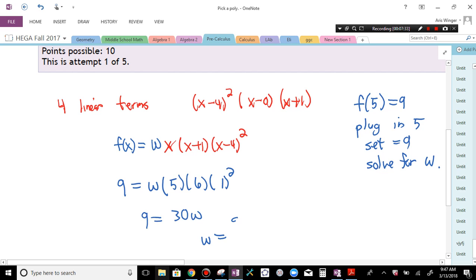Omega is 9 over 30, which reduces to 3 over 10. And that's the game. 3 over 10 times x times x plus 1 times x minus 4 squared. Any questions about that?